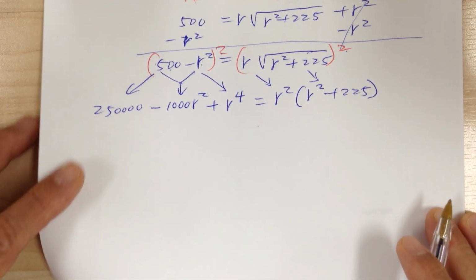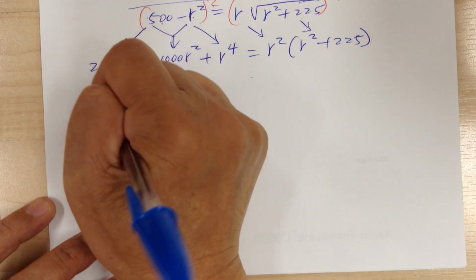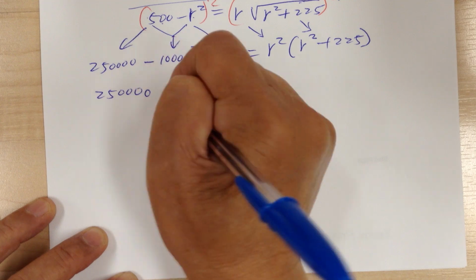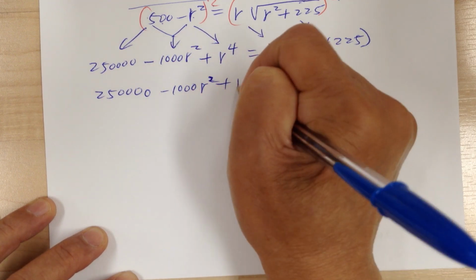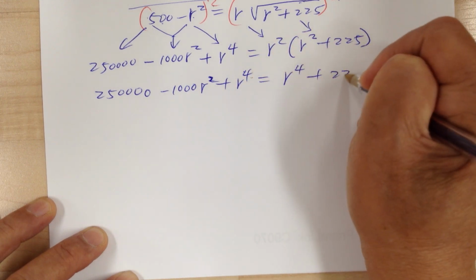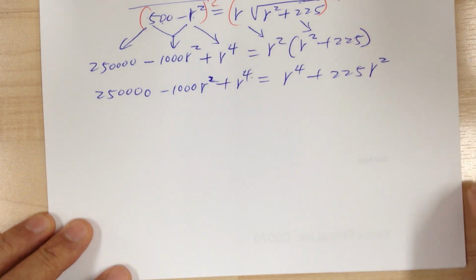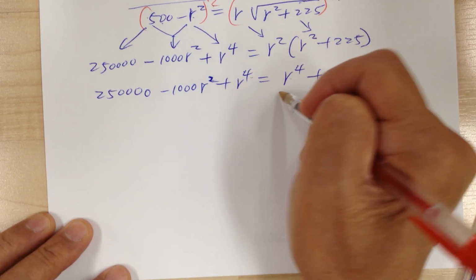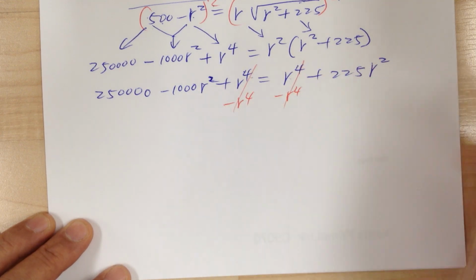Next step is to multiply out. So you got 250000 minus 1000 r squared plus r to the 4 equal to r to the 4 plus 225 r squared. And notice you can subtract r to the 4 on both sides, so this will cancel out. So it's kind of nice.